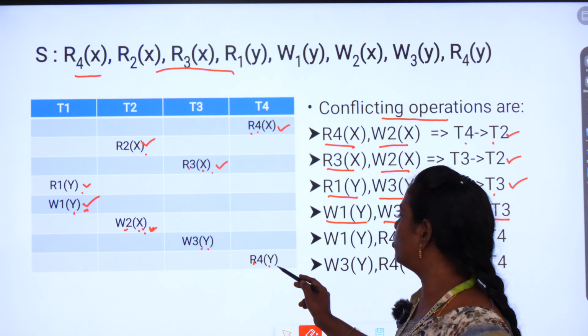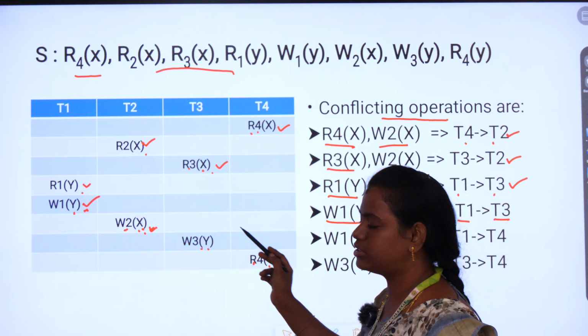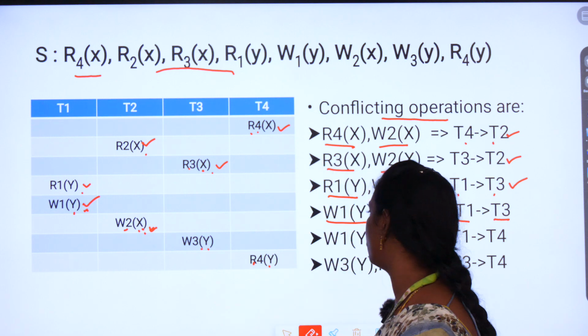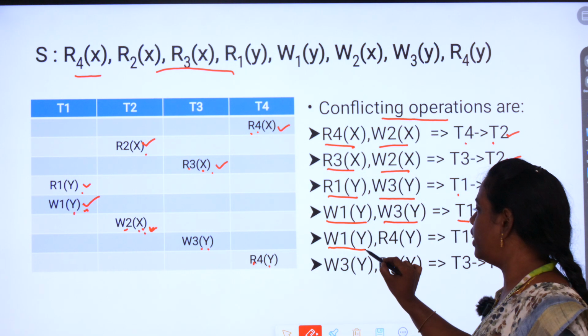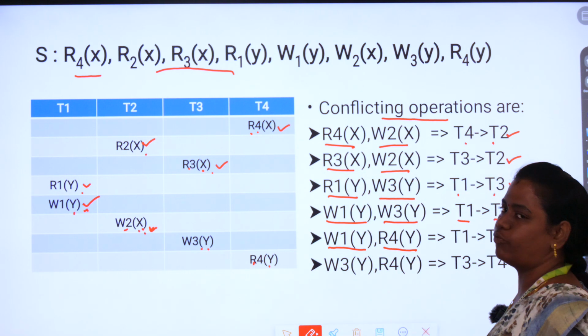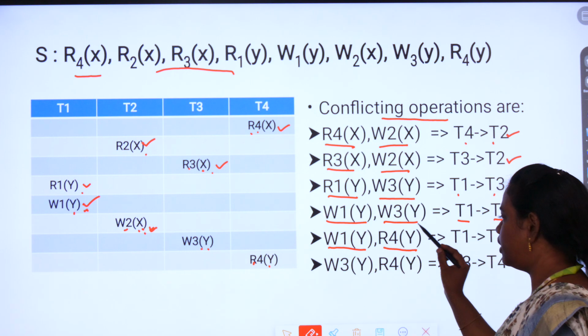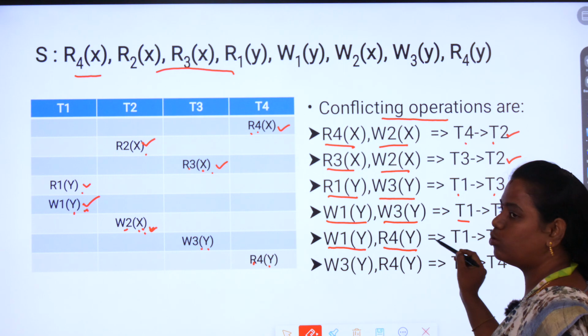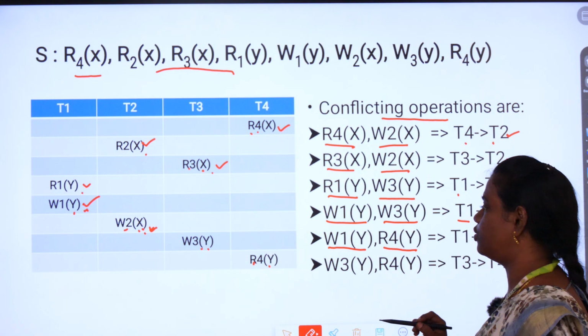Here both are performing operations on the same data, that is y, and this is a read operation, this is a write operation, definitely there is a conflict. So W1 of y, R4 of y. So after completing the particular operation in T1, then only T4 will be executed.